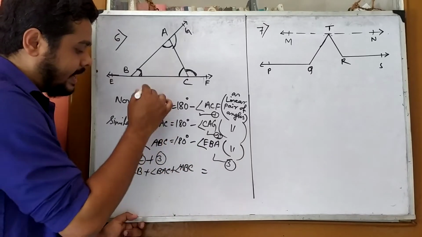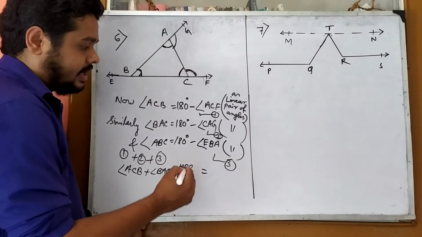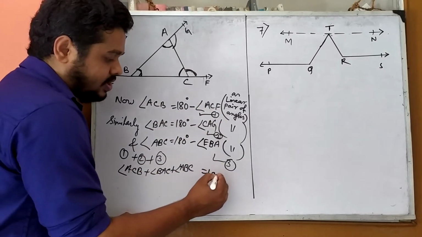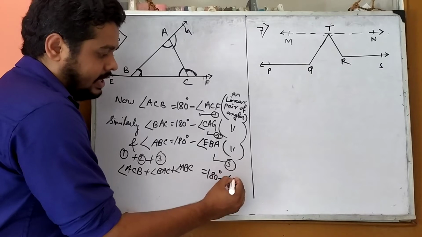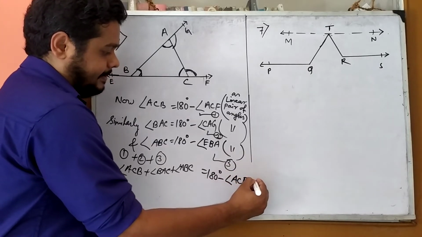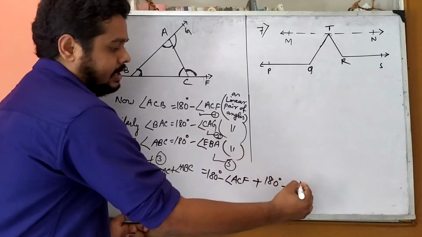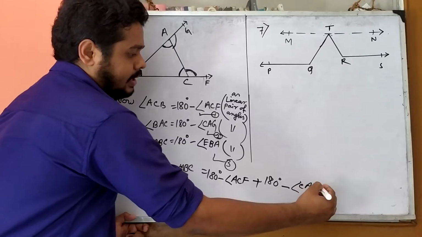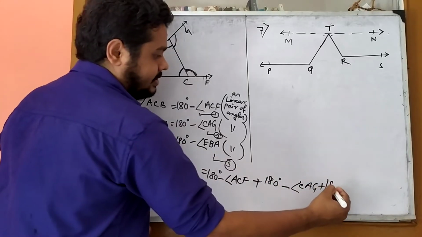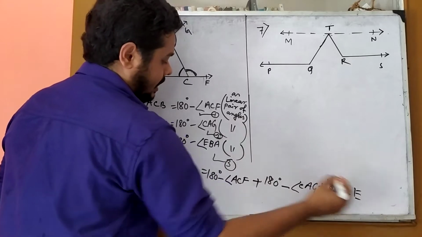Adding all the angles of the left hand side, similarly all the angles of the right hand side: 180 minus angle ACF plus 180 minus angle CAG plus 180 minus EBA.